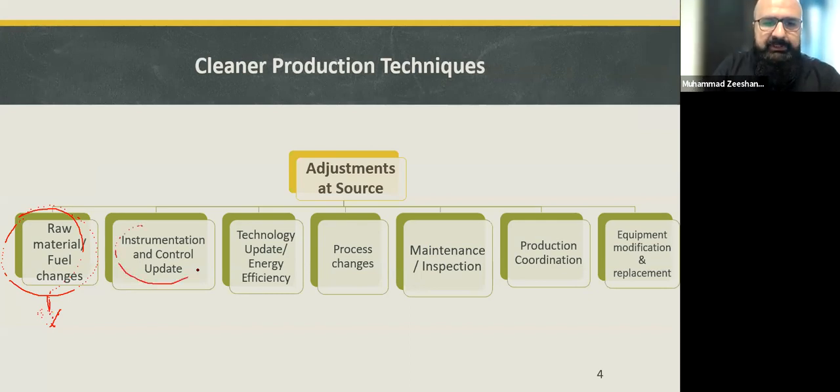Another option under cleaner production techniques is instrumentation and control updates, right? Industry is an extremely complex place. There are lots of machines and equipment working in coordination with each other, and that is only possible because of a lot of instrumentation. A lot of sensors, small microprocessors, process controllers and different types of computers are involved in instrumentation and controlling the process.